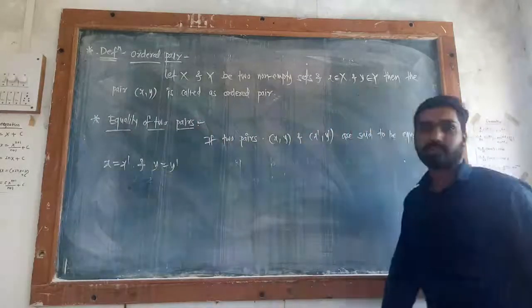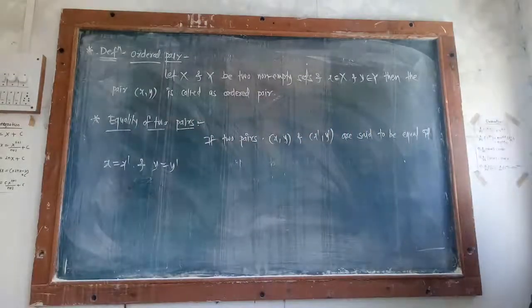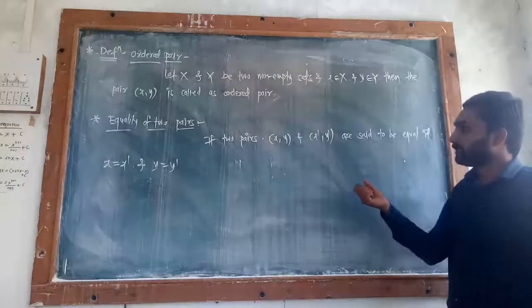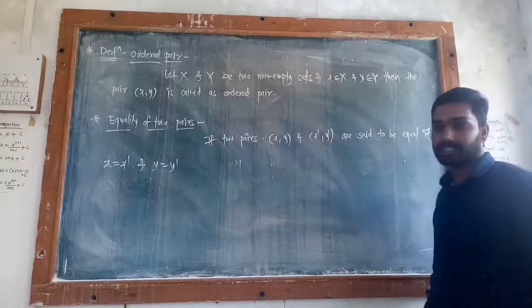When these two pairs are equal, if x equals x dash and y equals y dash, that means corresponding elements are equal.